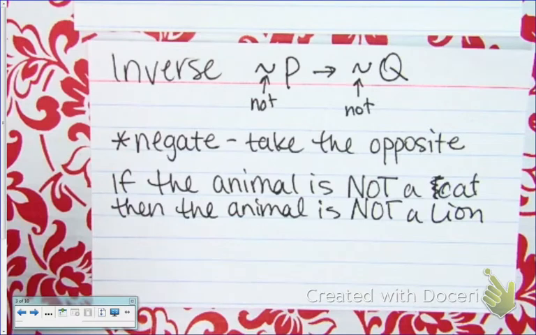False. If the animal is not a cat, then the animal is not a lion. It's true. Because if it's not a cat, then it can't be a lion because all lions are cats.